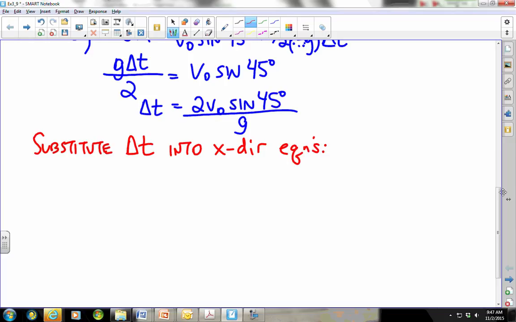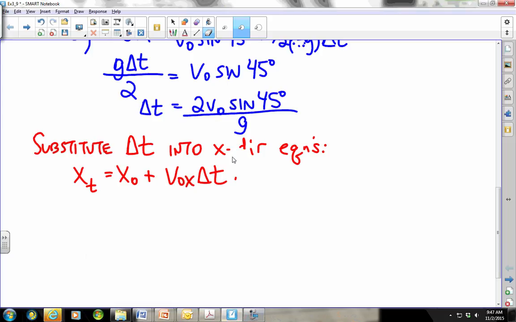For x displacement, I know there's a simplified formula in your notes or in the book, but I'm just going to write it out just like it is on the formula sheet, with the whole thing.